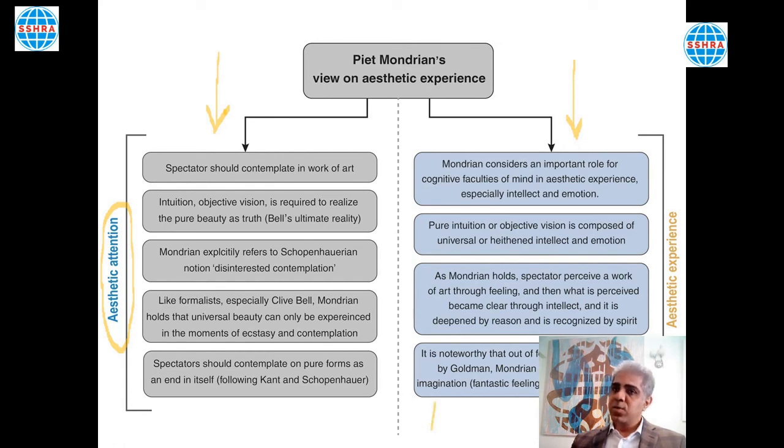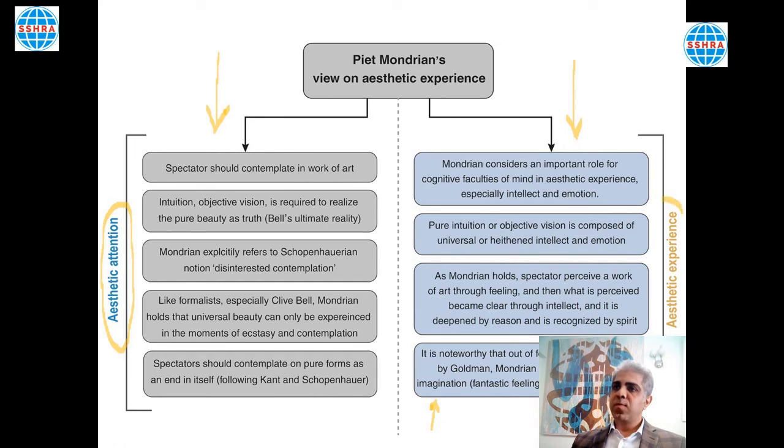It is important that we know that Piet considers no role for imagination, as Goldman has. Out of the four faculties Goldman names, perception, cognition, imagination, and emotions, he considers no role for imagination, or what he called fantastic feelings.